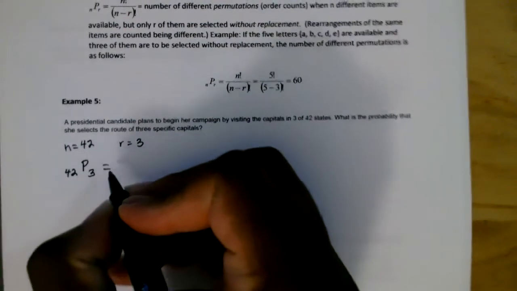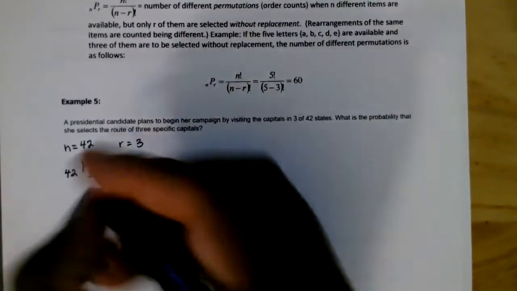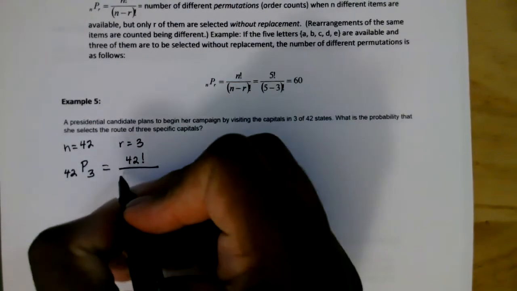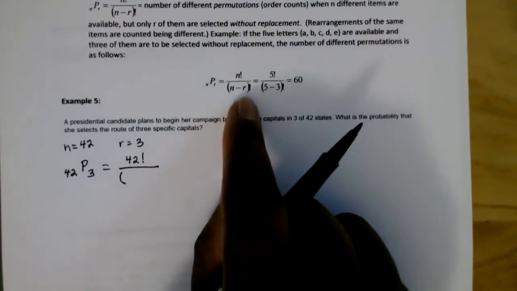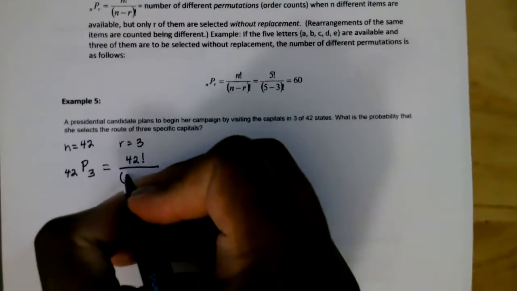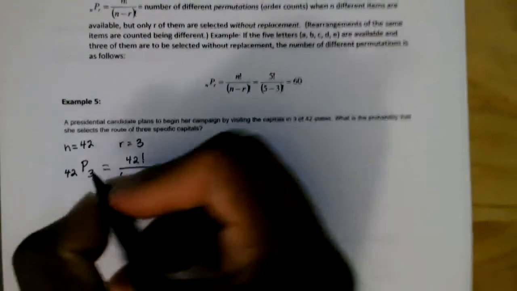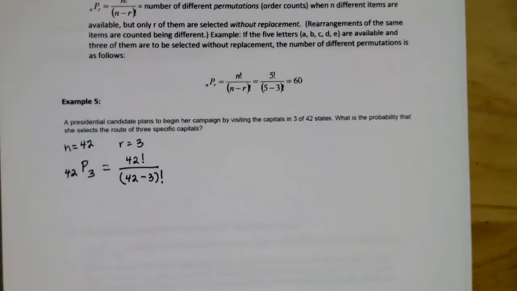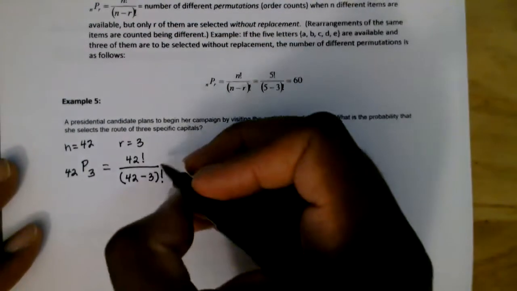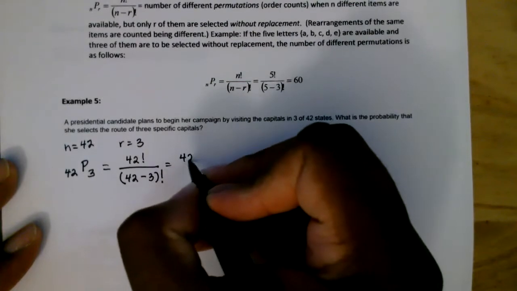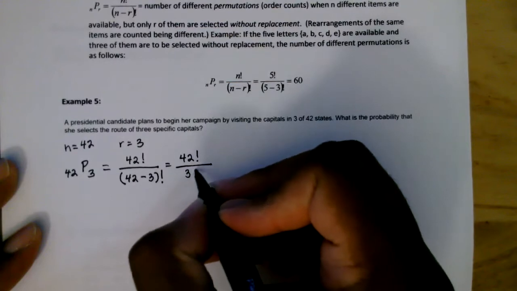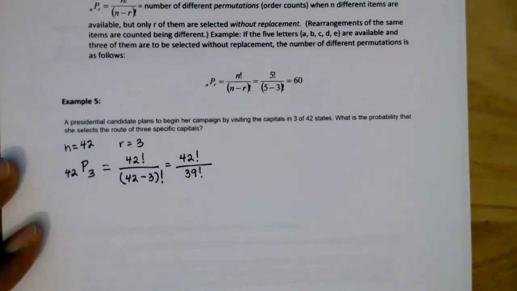Now that's going to be equal to n factorial, which is 42 factorial, divided by the quantity n minus r factorial. n is, again, 42 minus r, which is 3. And that difference is going to be factorial. So when I simplify this, I have 42 factorial on top. On the bottom, 42 minus 3 would be 39. So the denominator is 39 factorial.